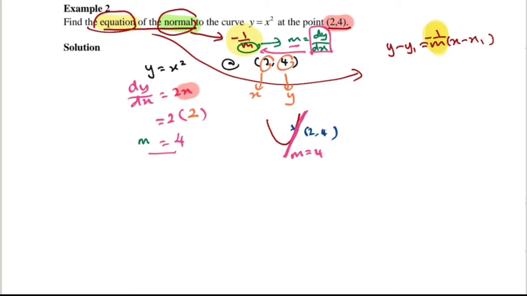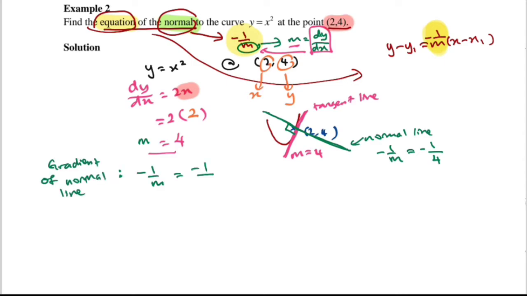Normal to that curve is just a line perpendicular to the tangent line. So, what is the gradient of this normal line? The formula is negative 1 over m. So, since our tangent line gradient is 4 and m is 4, the normal line gradient would be negative 1 over 4.